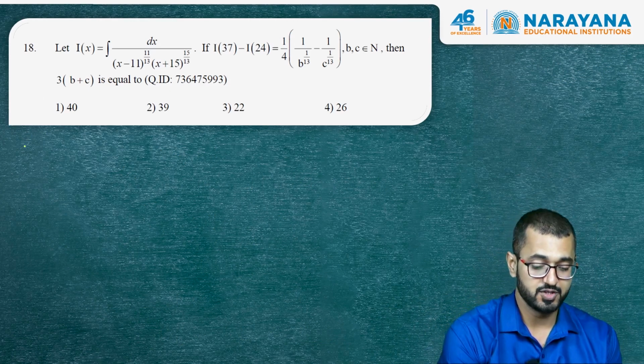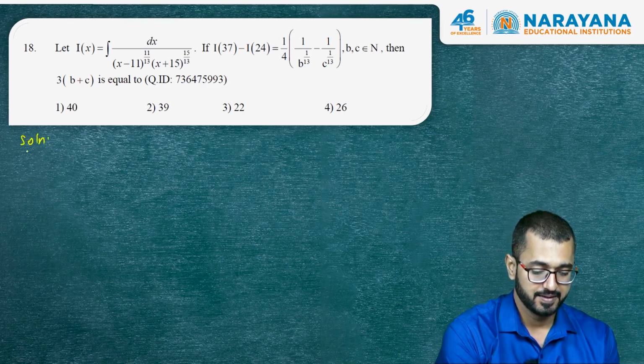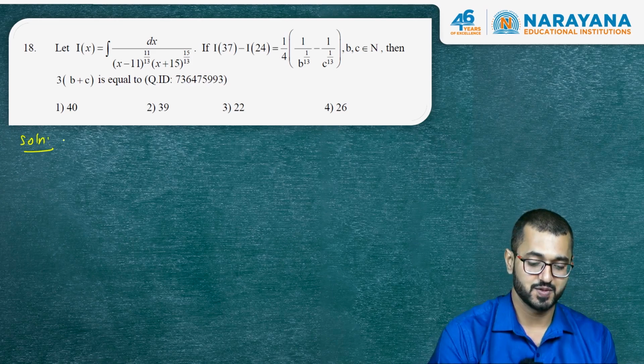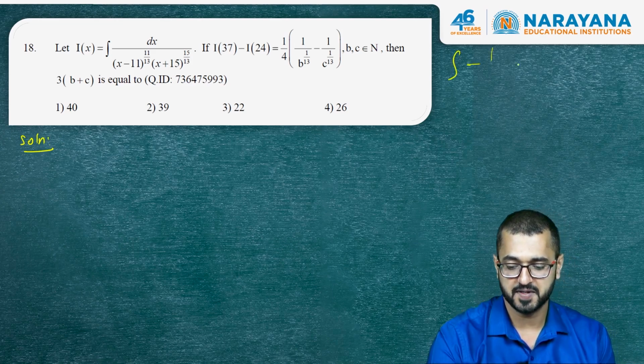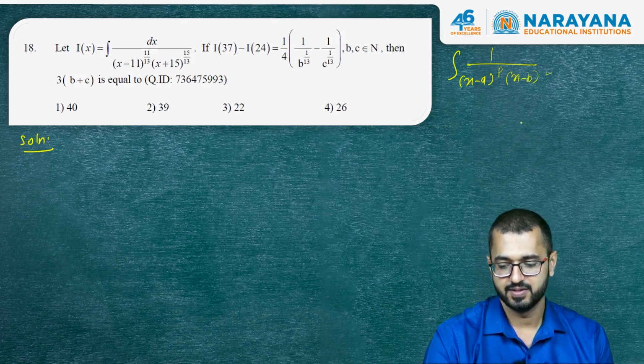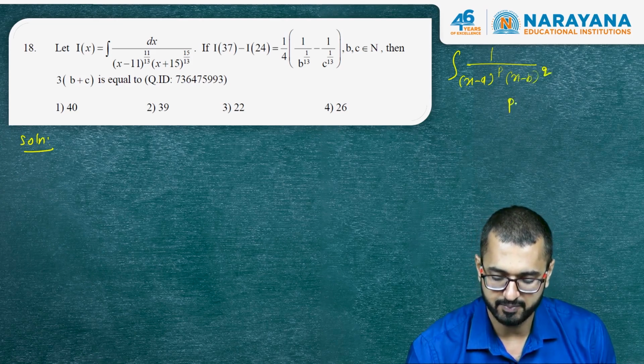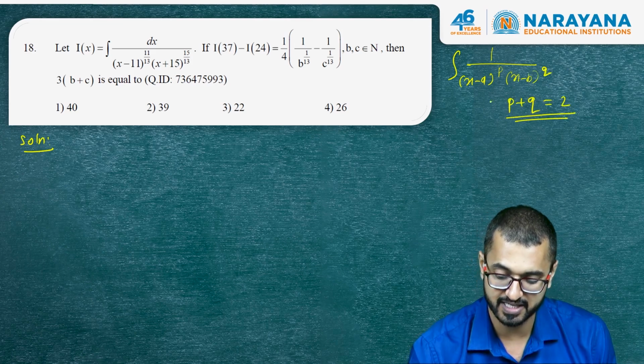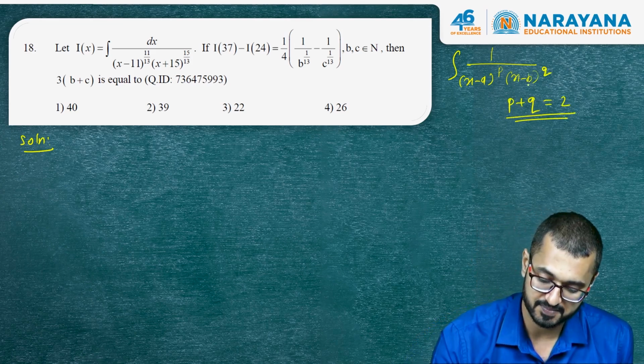Okay, so coming to question number 18. So we are given an integration. So this is of the type we already have seen. It's (x minus a) to the power p into (x minus b) power q. So if my p plus q on adding gives me 2, that means I can now produce the derivative here.